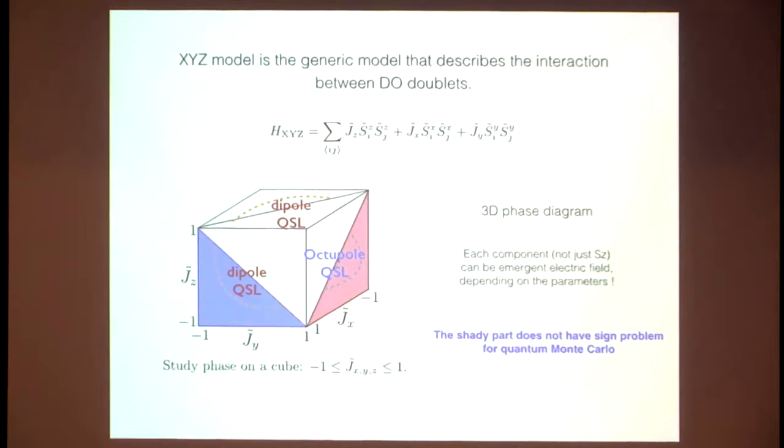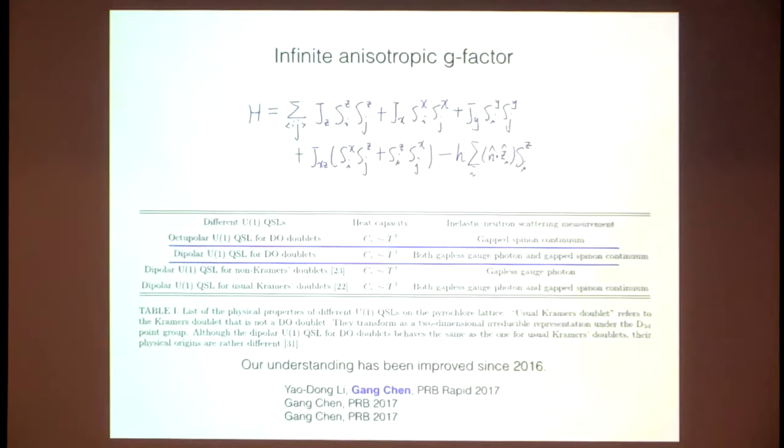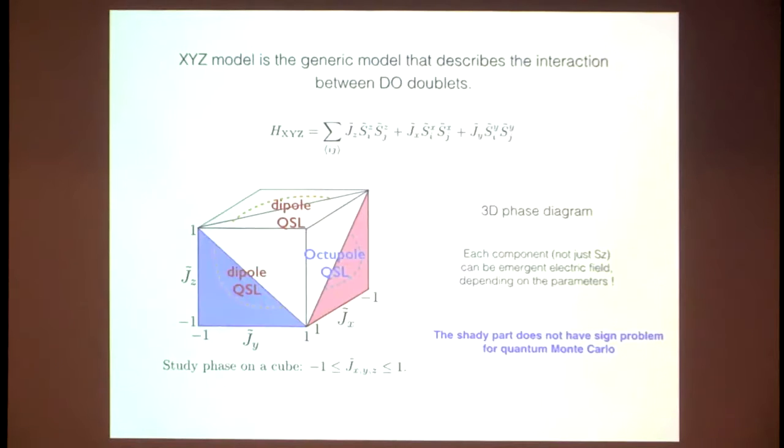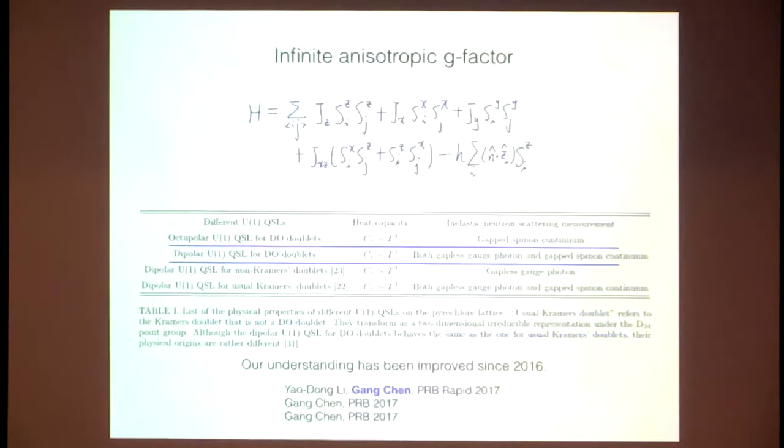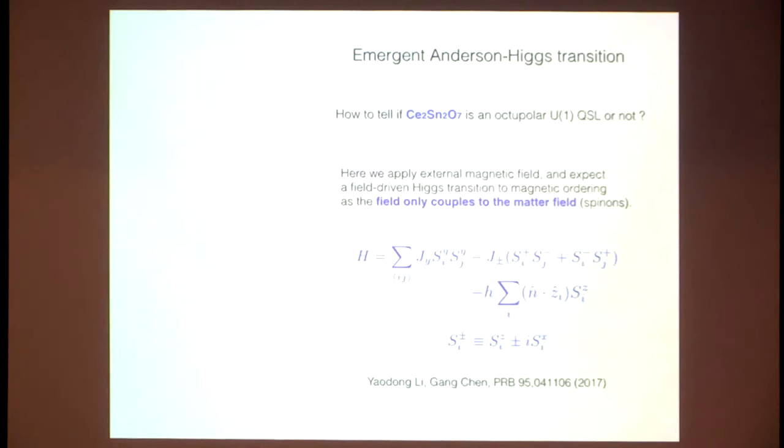So Sz would be regarded as the emergent electric field. Now we couple the system with a magnetic field, which only couples to the Sz component. Then we regard Sy as the dominant component of the emergent electric field, and Sz does not commute with Sy.